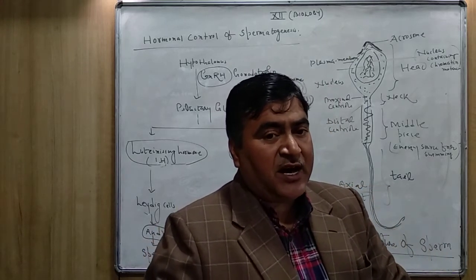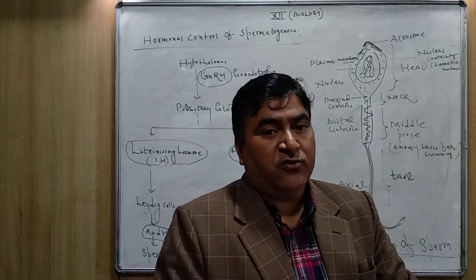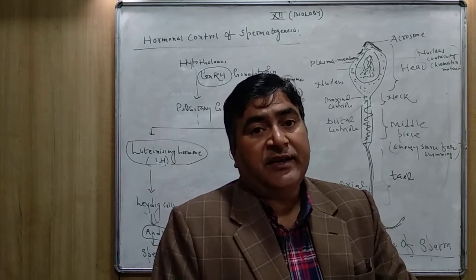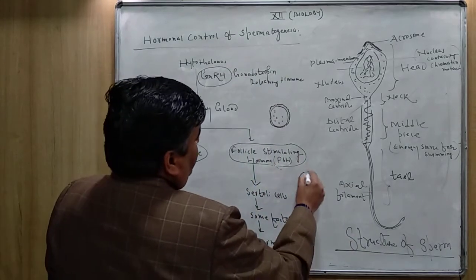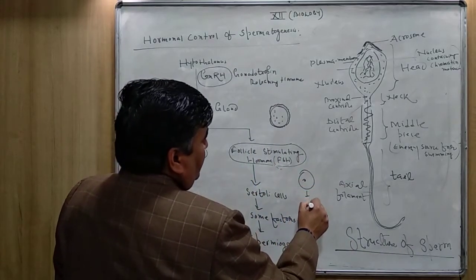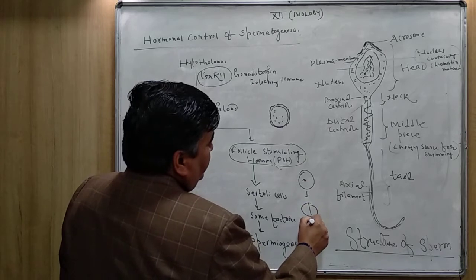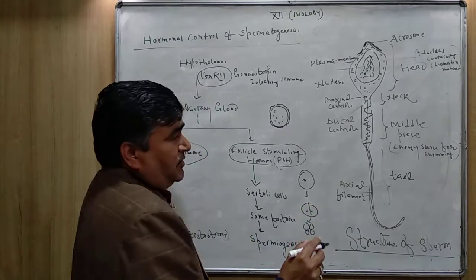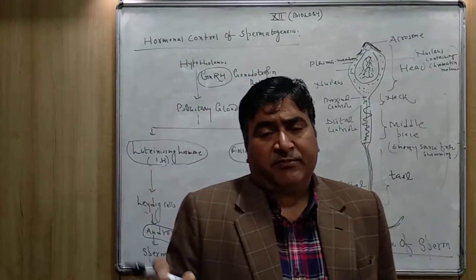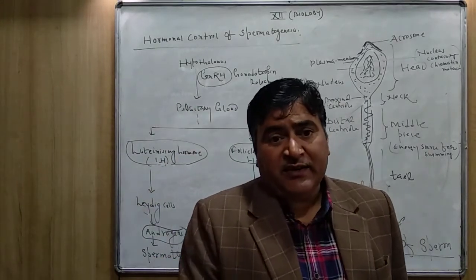The early division of the zygote is called the cleavage process. Suppose this is the zygote. Now the zygote will divide into two cells. Then it forms how many cells? 4 cells. The early divisions of the zygote are also known as cleavage.